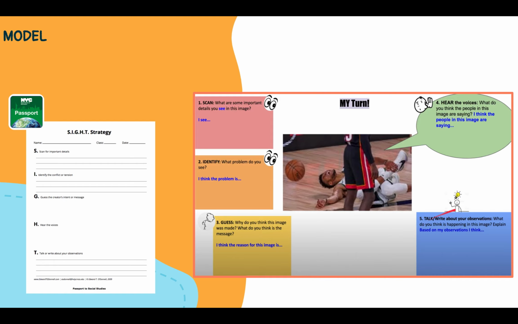And now they're going to write what they think is happening in this image based on what they just observed. And this is going to let me know, A, if they understand how to use the organizer, and B, how well they're doing their visual analysis.